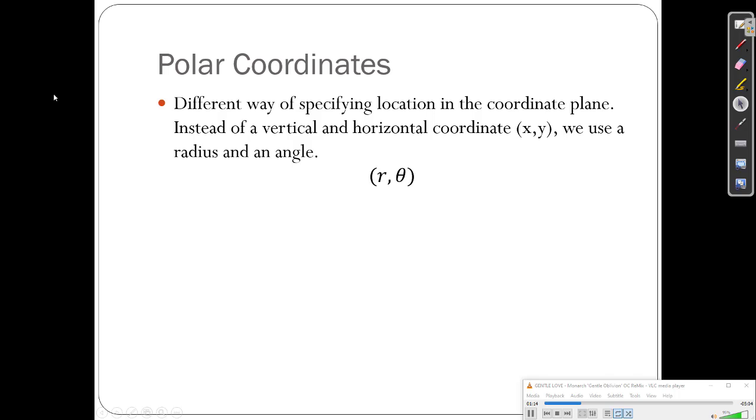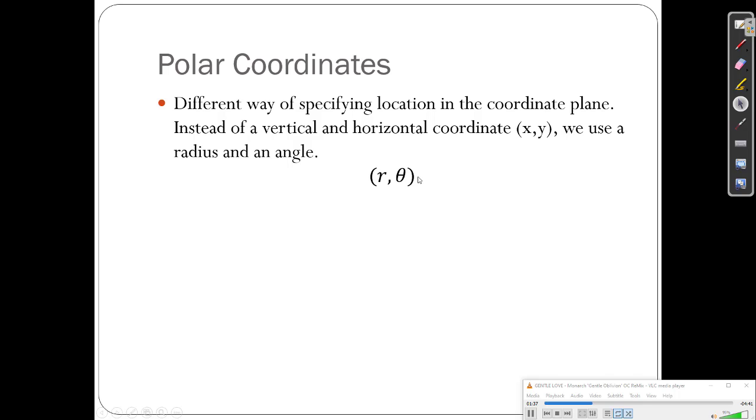And that's kind of what these are doing. Instead of defining a point by an x and y coordinate, x is a horizontal position and y is a vertical position, we're going to set up two parameters that define a point by its distance from the origin, its radius basically, and the angle from the origin.